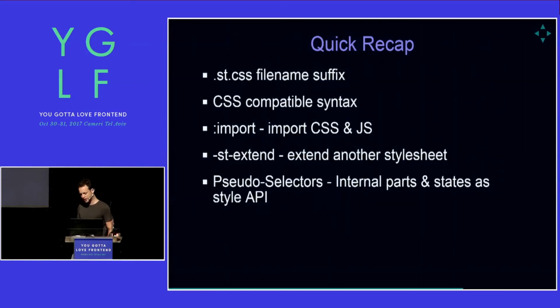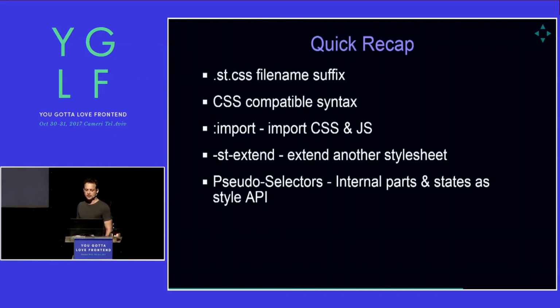So just a quick recap of what we just said. CSS file name is used to define stylable style sheets. We are trying to be compatible with CSS so we can work with any tools out there. We have an import rule in order to allow us to bring definitions from other CSS and JavaScript files into our style sheets and use them.